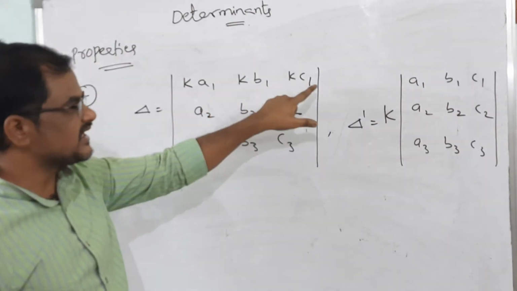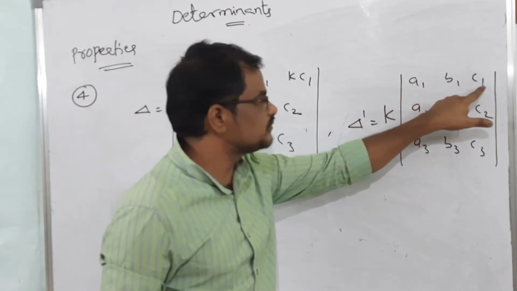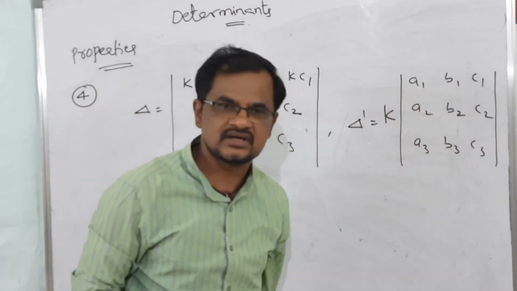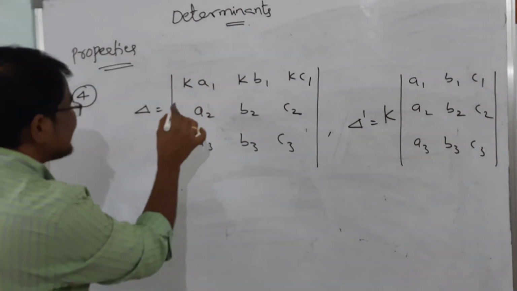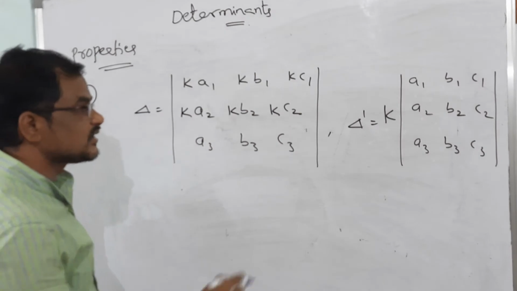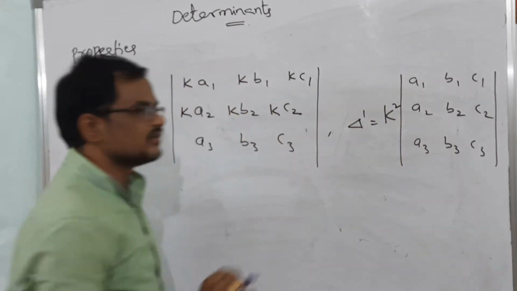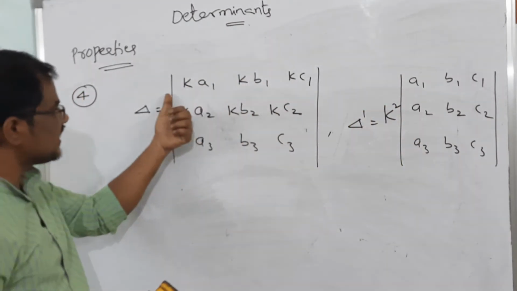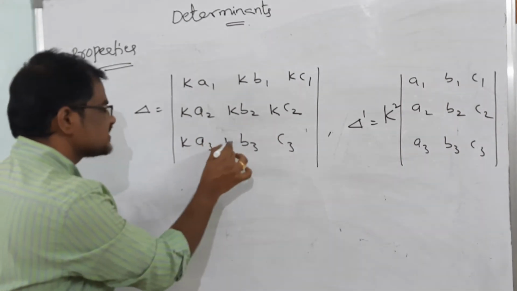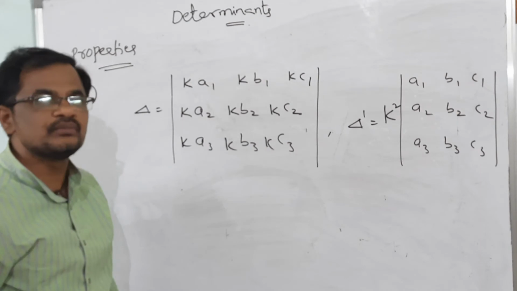This can be written as k into the determinant A1, B1, C1, A2, B2, C2, A3, B3, C3. Suppose here also k is there, so you will get k square. Suppose here also k is there, you will get k cube.